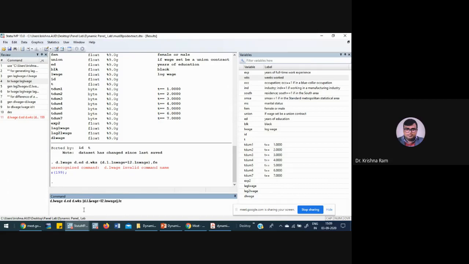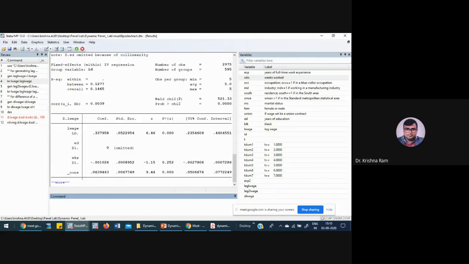So this should be L.wage. I defined log of wage as lnwage, so that one is in my mind by default. One more thing, we haven't typed the command, which is xtivreg, and enter.